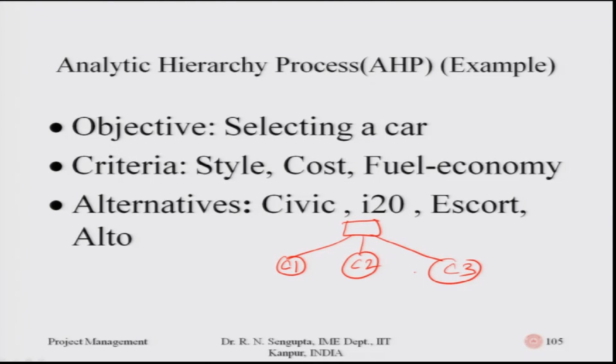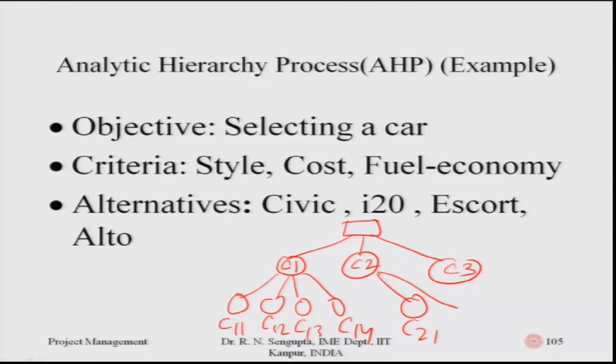When I mentioned fuel economy, the cost, or the depreciation value or the resale value, it means that C1 may have different subcategories as C11, C12, C13, C14. Similarly, C2 can have different subcategories as C21, C22, and C3 has only 3, C31, C32 and C33. So, it can go into the secondary, tertiary and so on.